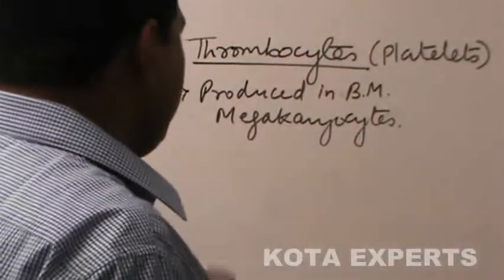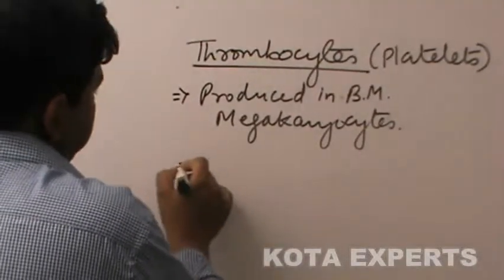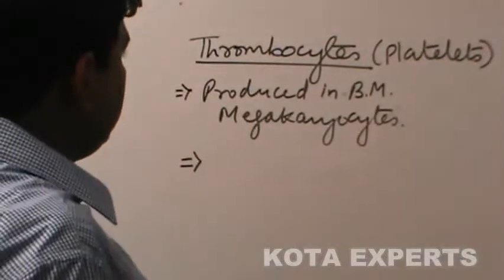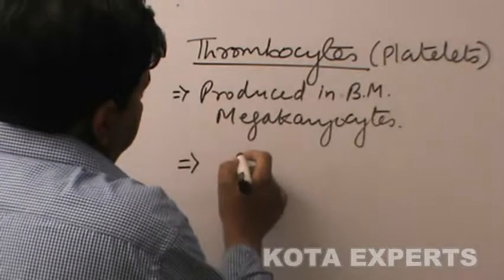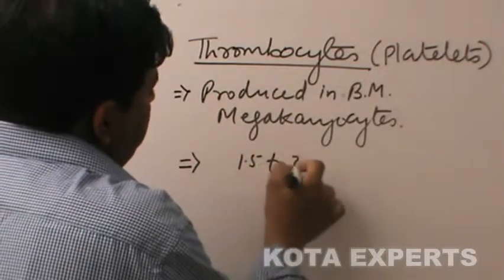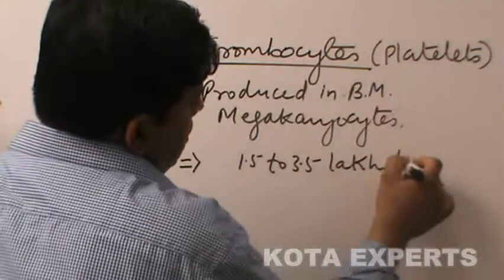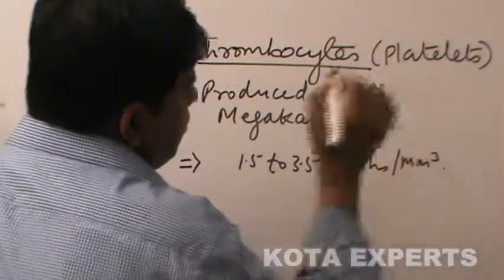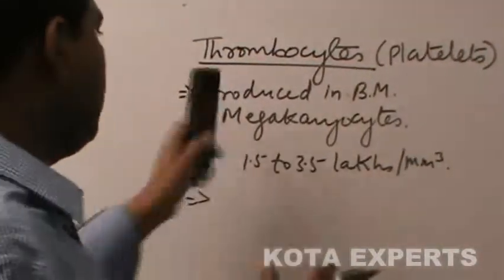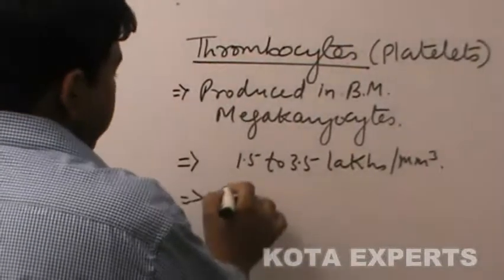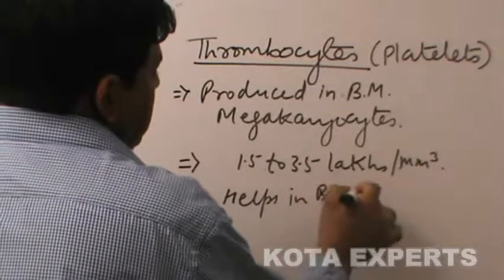They can amount to 1.5 to 3.5 lakh per millimeter cube of blood, and the main function of the platelets is to help in blood coagulation.